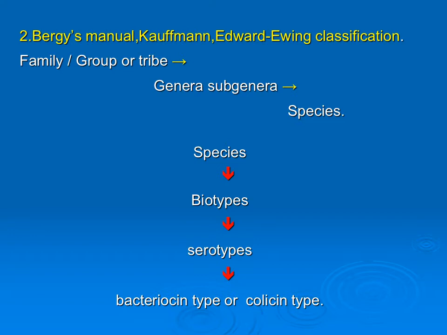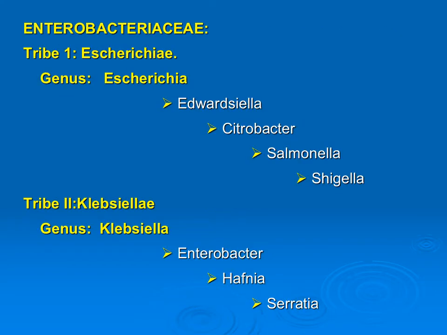They consist of genera, subgenera, species, and further species include biotypes, serotypes, bacteriocin or colicin types. This is an important classification, and please remember this is one of the areas of questioning either in your second year BDS exams or in the PG NEET MDS entrance exam. Either you may get a case study in your PG entrance or you may get some reasoning and assertion type of question also. So please have a concept.